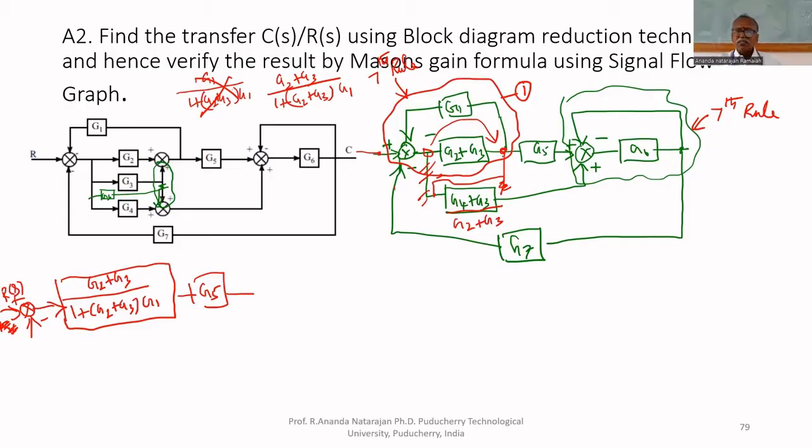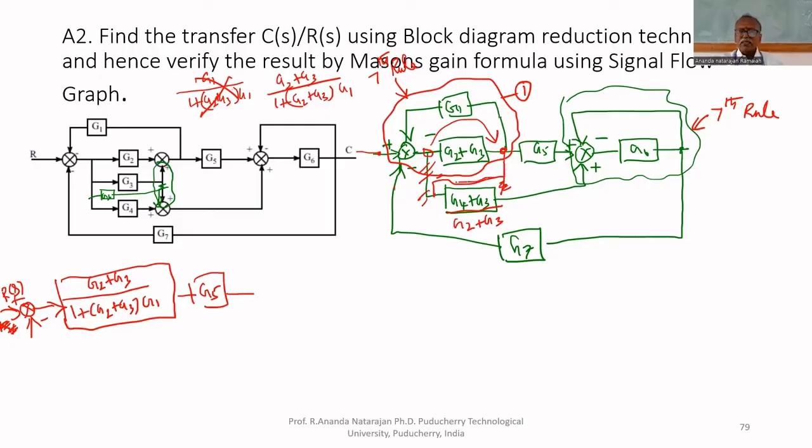Now this is coming here. G5 is in parallel with G4, G5. Therefore, I can add G5 with that. Am I correct or not? Can I add? You follow my pen.